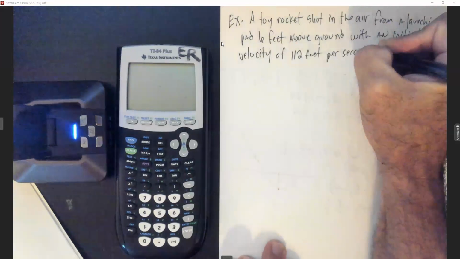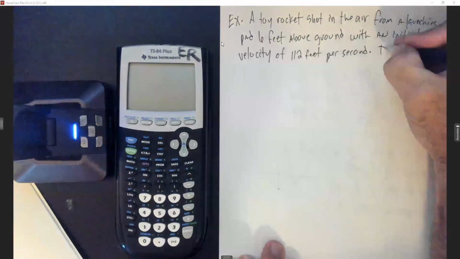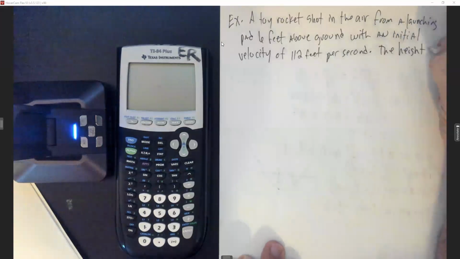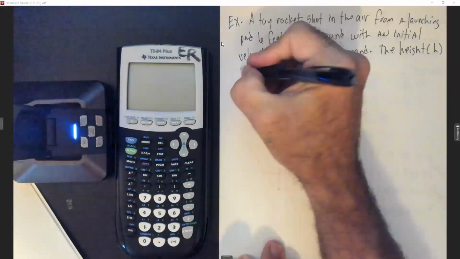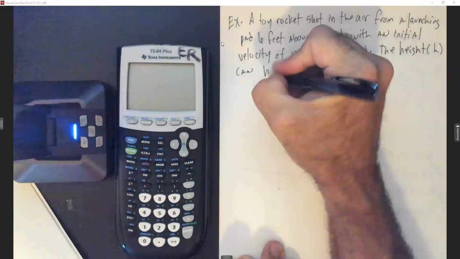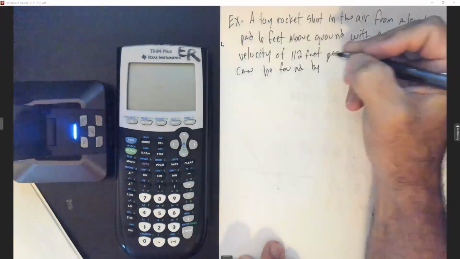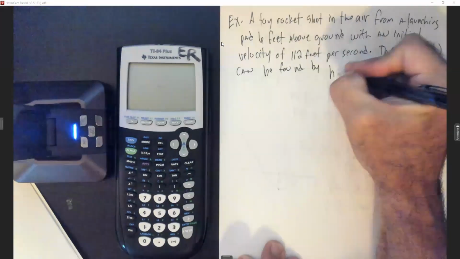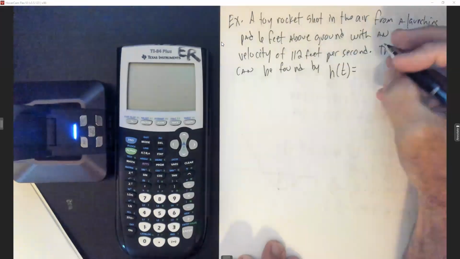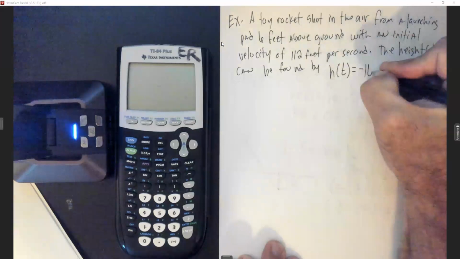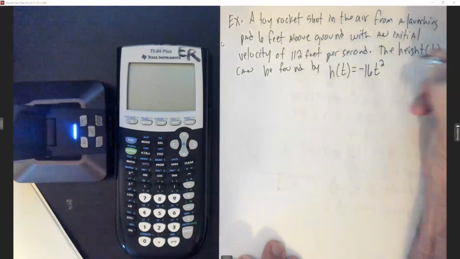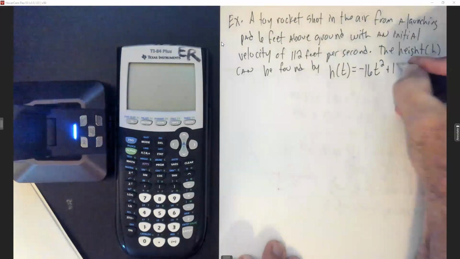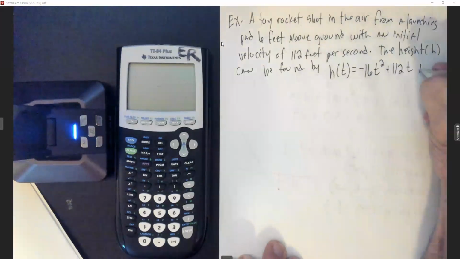So they're telling me the height, h, can be found by the formula, which is h of t equals negative 16t squared plus 112t plus 6.